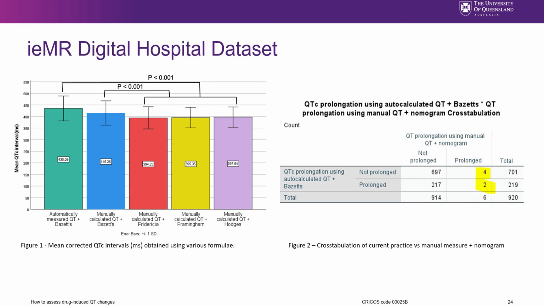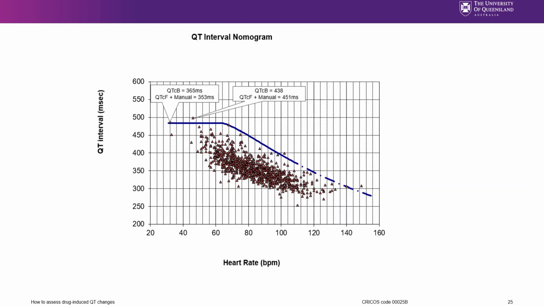Of those 6 patients, 2 of them were actually not identified using the ECG report methods. So not only did the ECG machine and Bazett's formula overcorrect 213 times, it failed to pick up 2 of the only 6 patients who were actually at risk of torsades.